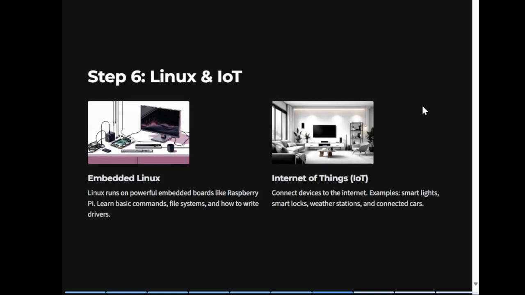Then move forward to Linux and IoT. Linux is used in advanced embedded systems, for example routers, smart TVs, industrial machines. So you have to go with the Linux platform, the Linux operating system, and its basic commands.